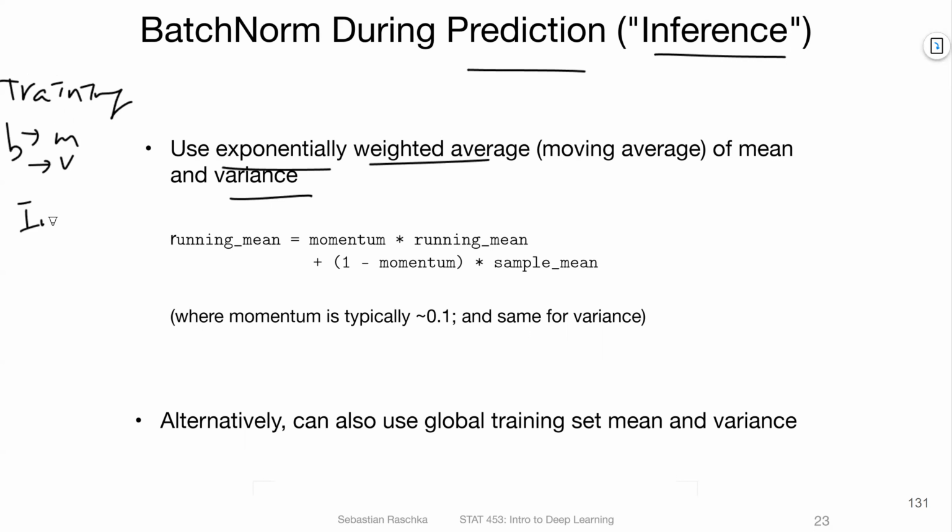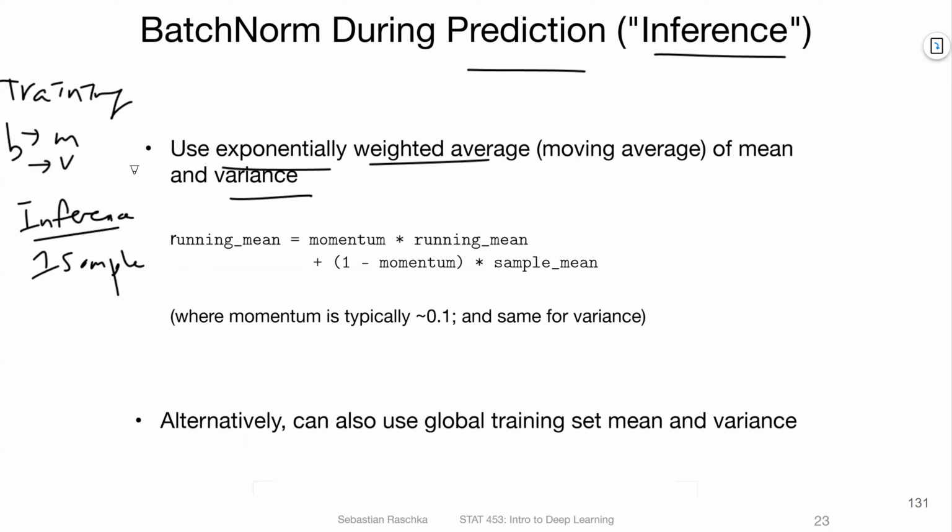However, during inference, we are dealing with just one sample. Therefore, we cannot calculate mean or variance when we are inferencing. Therefore, we need to come up with a way to provide mean and variance to our network.